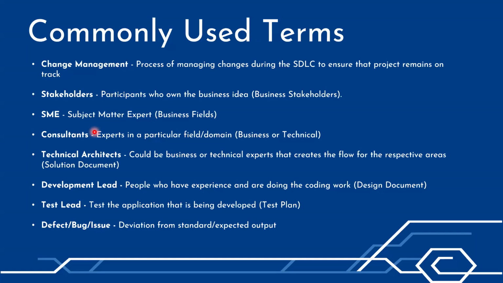Now SME is not a separate designation as such, but suppose I spent 15 years in the health insurance domain. Within health insurance, my expertise lies in the enrollment area, how members can be enrolled in the platform. So I became an SME for enrollment area within health insurance. So SMEs are nothing but people considered as experts on a given subject.